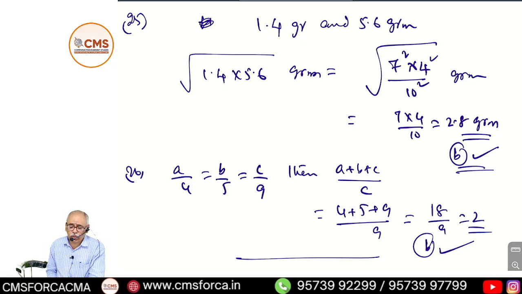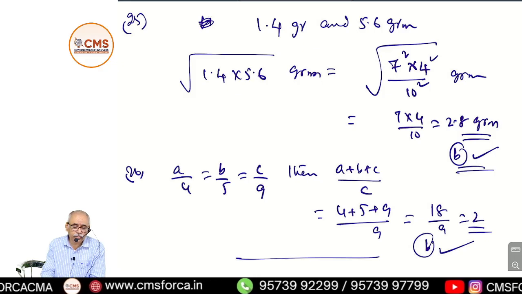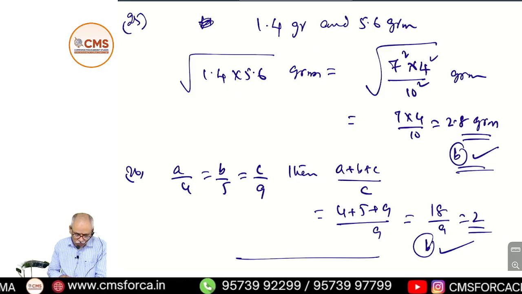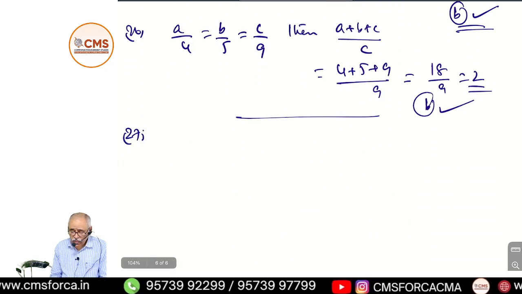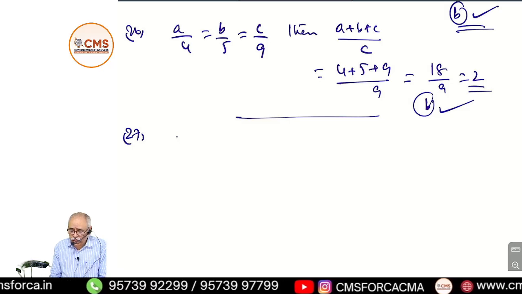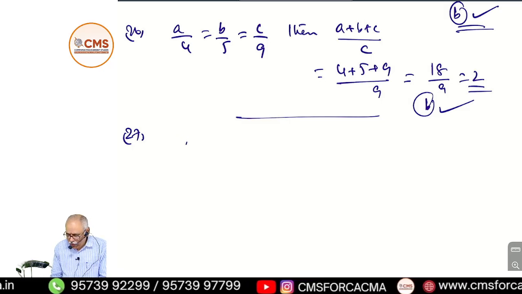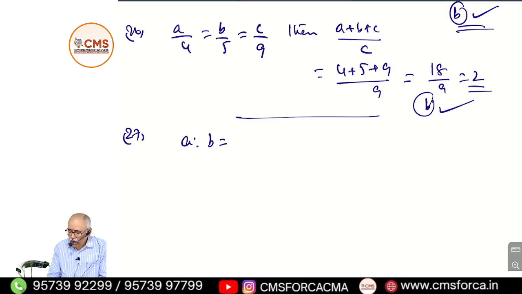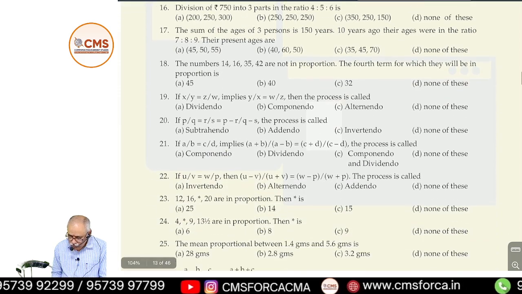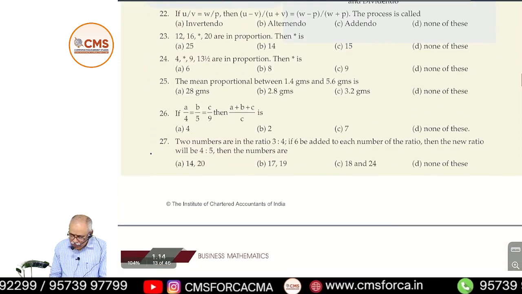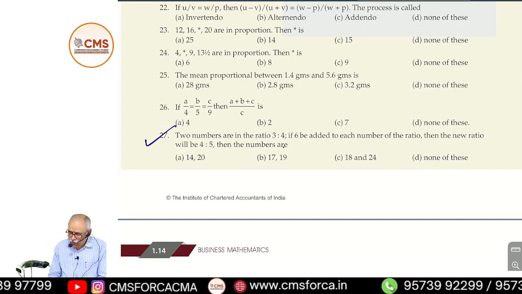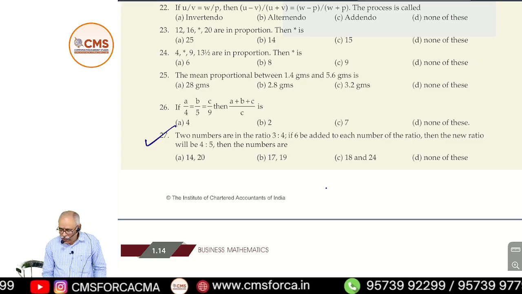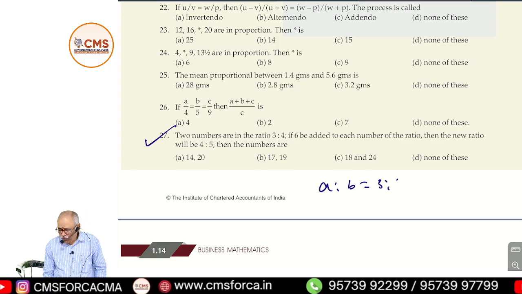27. Question number 27. Two numbers are in the ratio a is to b. I will show the question here; this question I am explaining. Two numbers are in the ratio 3 is to 4. Let a is to b equal to 3 is to 4.